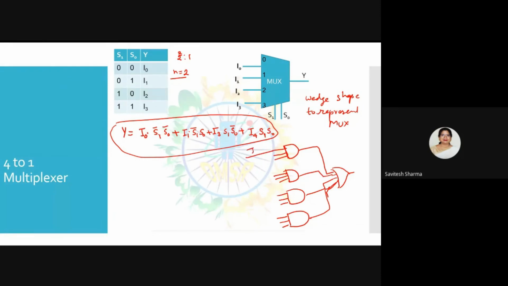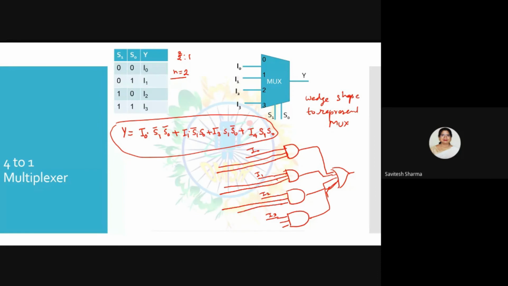So one line I will set for input. And the next line corresponds to S0 and S1. To draw the diagram neatly, I will use vertical and horizontal lines.